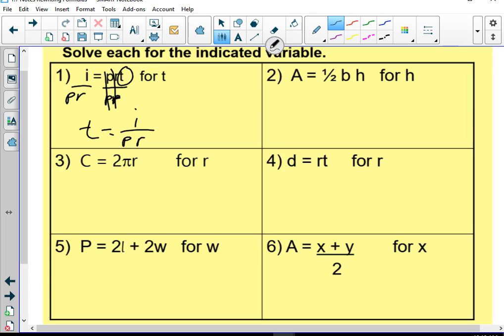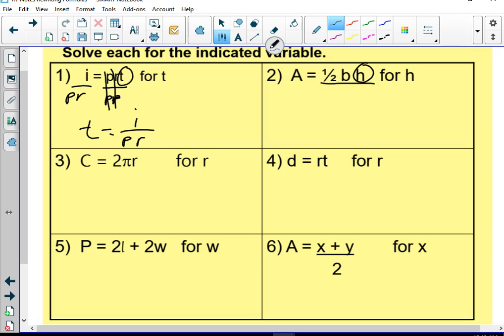You just ask yourself this very simple question. Which variable am I solving for? What's happening to it? How do I undo that? Okay, I'm solving for h. What's attached to it? A b. This is a fraction. Let's deal with that separately. Actually, let's get rid of the fraction first.